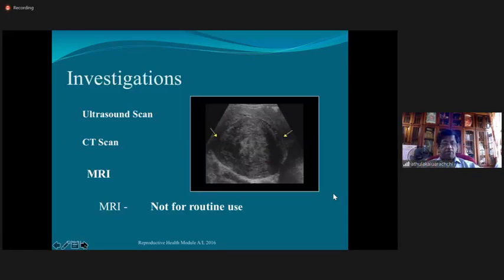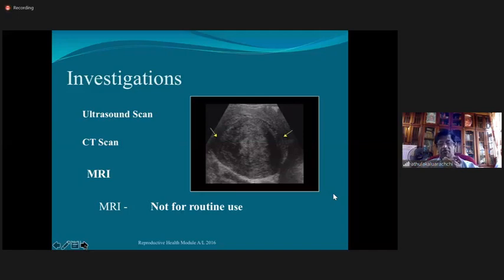Now, if you suspect somebody having fibroids, obviously the first thing is your clinical examination and a good history taking. Once you take a good history, you should be able to assess what the symptoms are. And then if you suspect the possibility of fibroids, you may need to think of going to certain investigations.